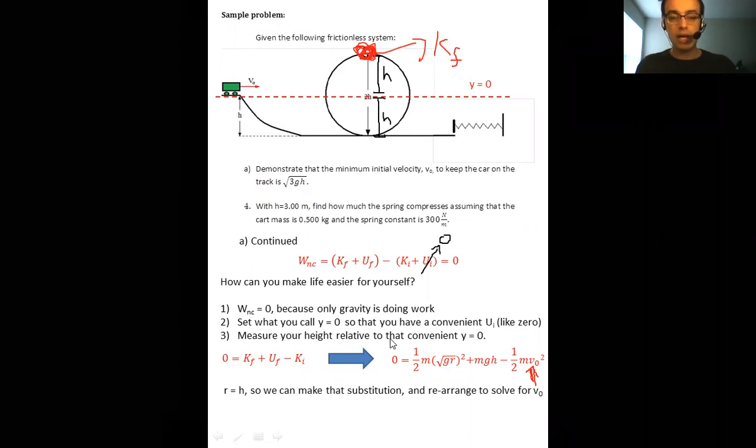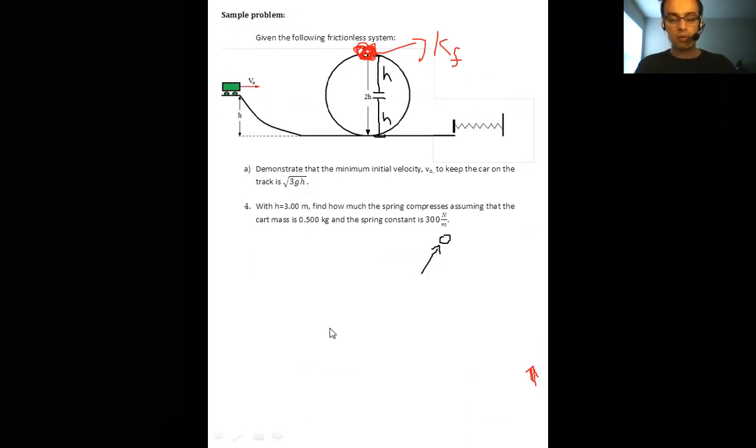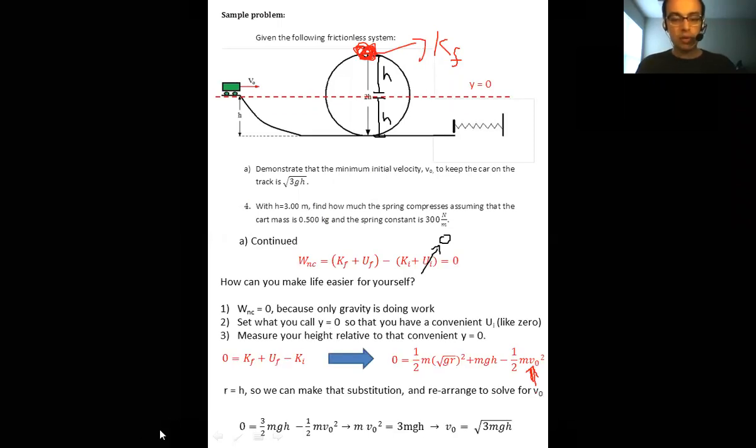The radius of our particular circle is also equal to h, as is drawn in here. We can then rearrange to solve for v naught.